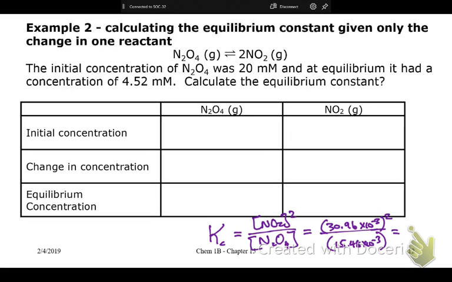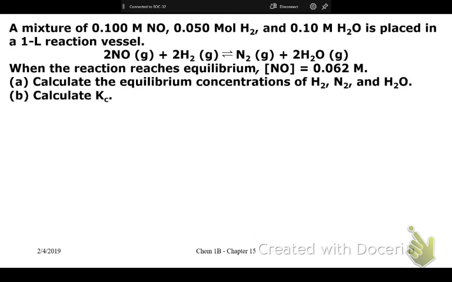Okay, we'll do one more example problem. It says a mixture of 0.1 molar NO, 0.05 molar H2, and 0.10 molar H2O is placed in a 1 liter reaction vessel. And there's the reaction. And it's a homogeneous one, so you can include everything.